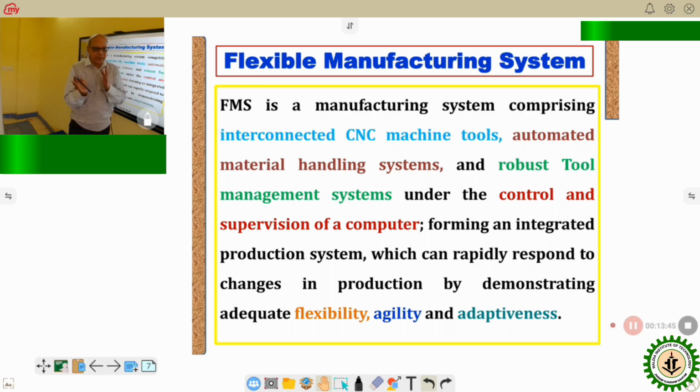That means there will be changes in the production system. How best or how fast we can respond and how efficiently the system can adapt into the new environment. New environment means in the wake of new demand arising from the customer side. So these are the 3 major attributes: flexibility, agility and adaptiveness. These are adequately demonstrated by the flexible manufacturing systems.